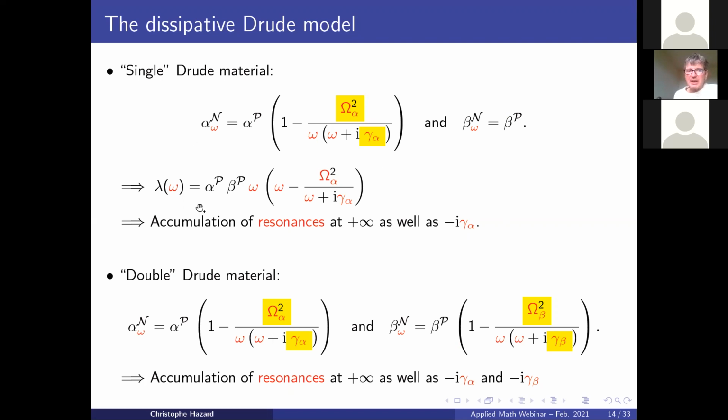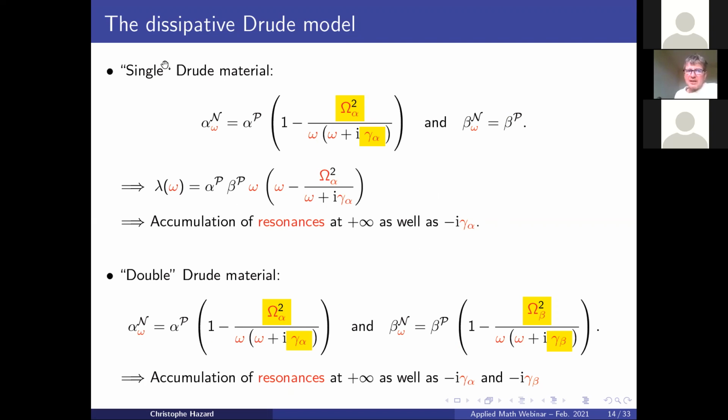And we see that lambda(omega) is given by this formula, which shows that I will obtain an accumulation of resonances, again, of course, at plus infinity, as well as at the pole of this function here, that is at minus i gamma_alpha.